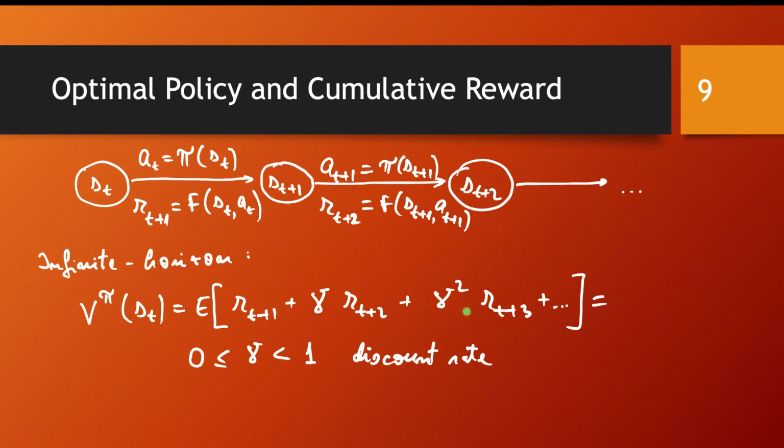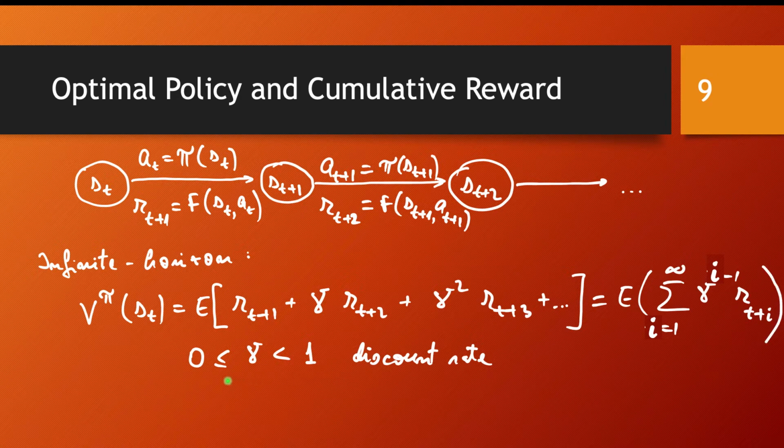So the fact that we are multiplying these later rewards with a weight that goes to 0 seems natural in this context. And so I can also write this in a compact form as the expected value of the sum from i equals 1 to infinity, gamma to the power i minus 1, times the reward r_{t+i}.